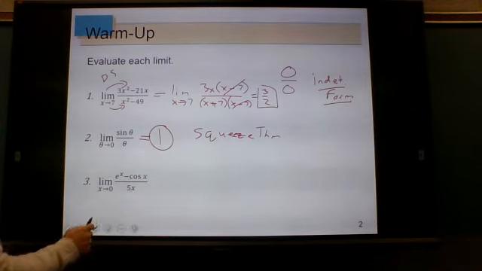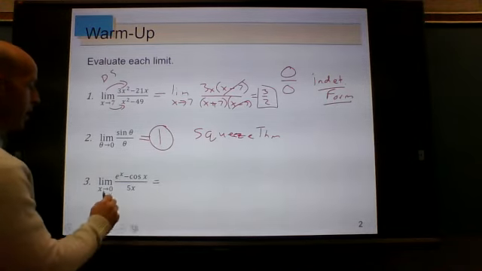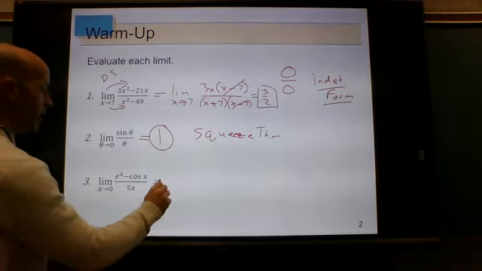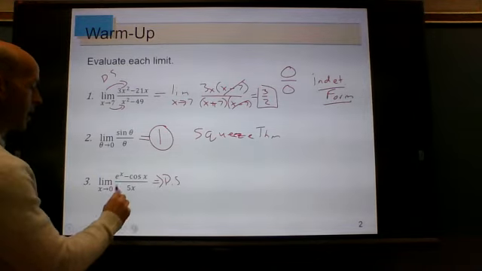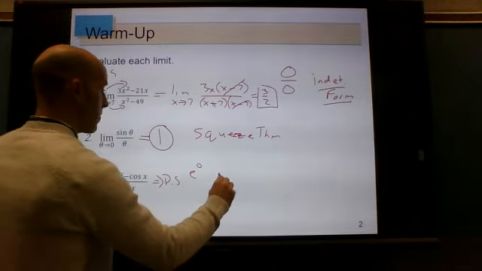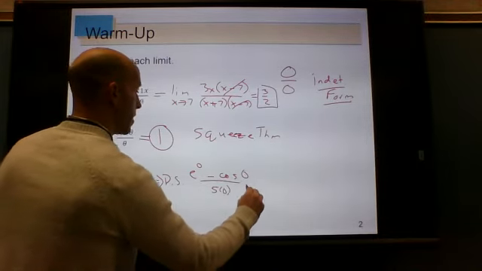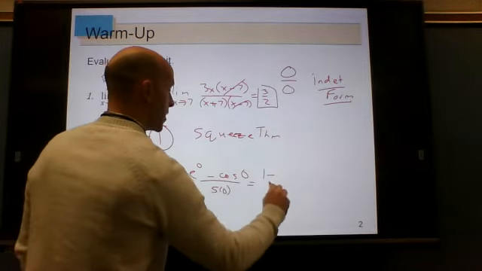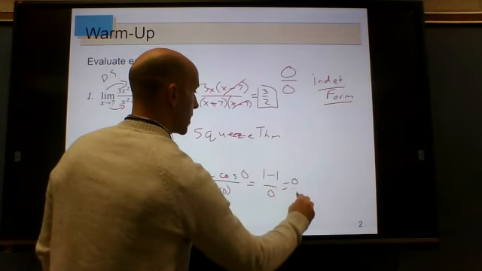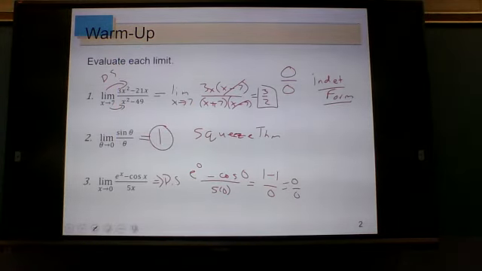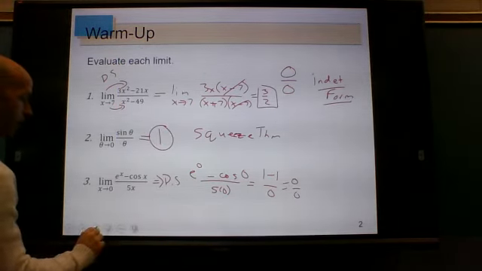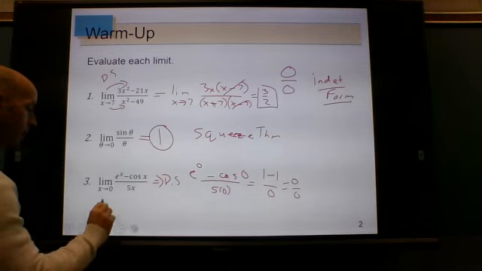And once you get to number 3 here, we run into an issue because if we just do a direct substitution, you are going to get e to the 0 minus cosine of 0 over 5 times 0. Well, that's going to be 1 minus 1 over 0, which is, again, 0 over 0. So this is when we start talking about our good friend L'Hopital.